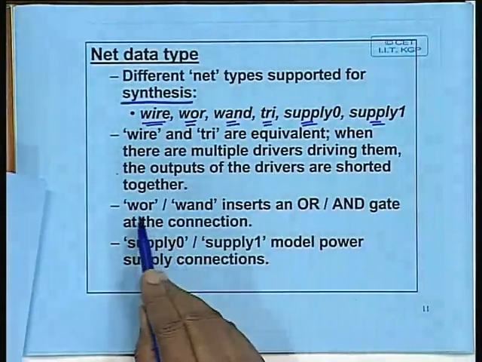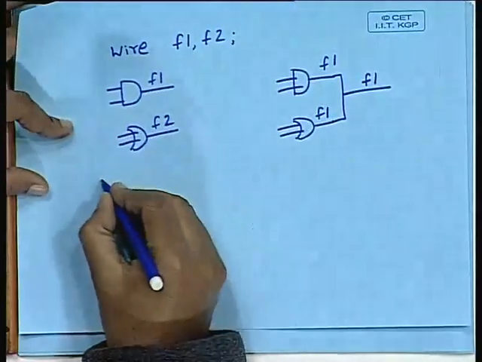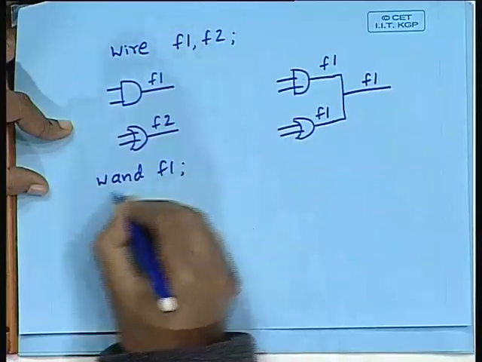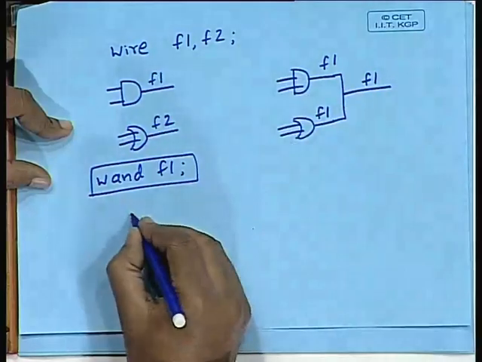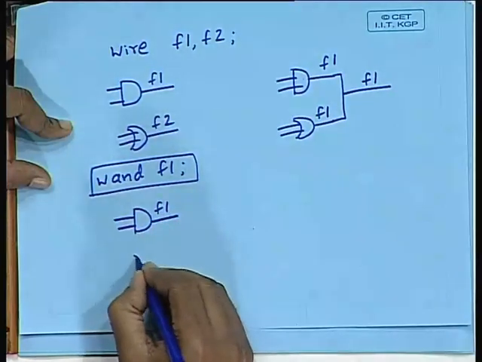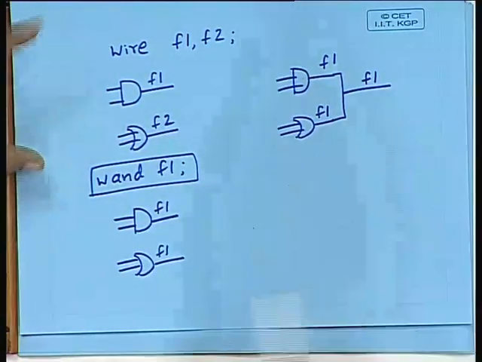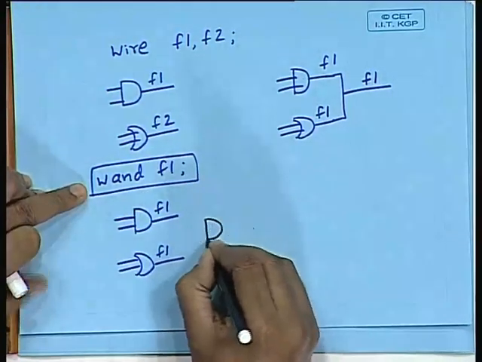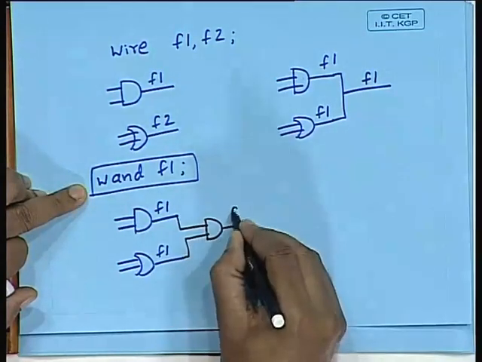But if you are using wired OR or wired AND, suppose I had a description as wired AND F1, with an AND gate driving F1 and an OR gate driving F1. Then the synthesizer will explicitly add another AND gate, connect these two to it, and call the output F1.